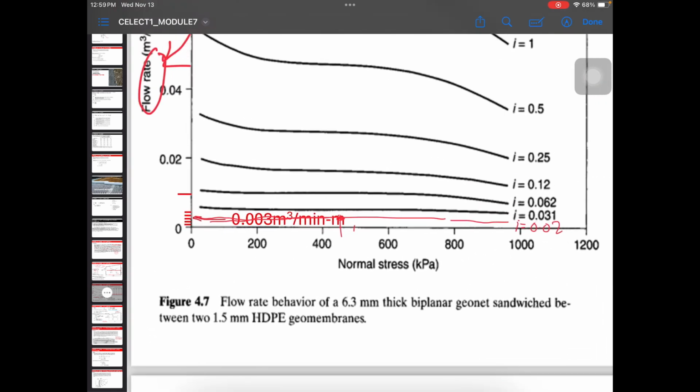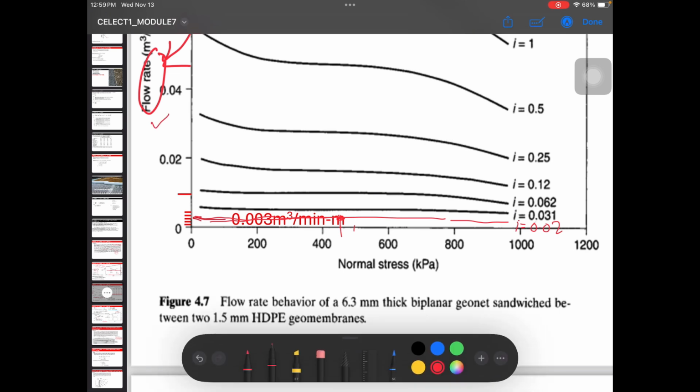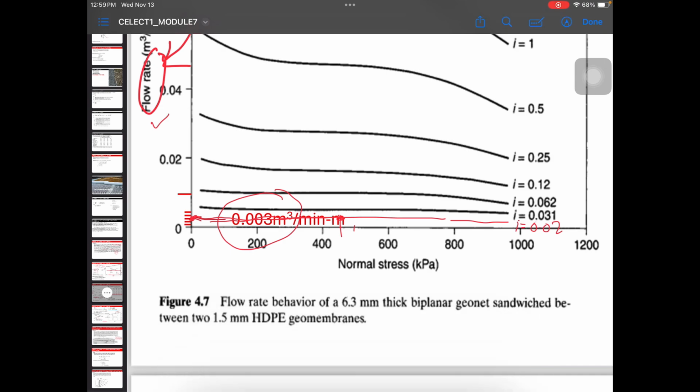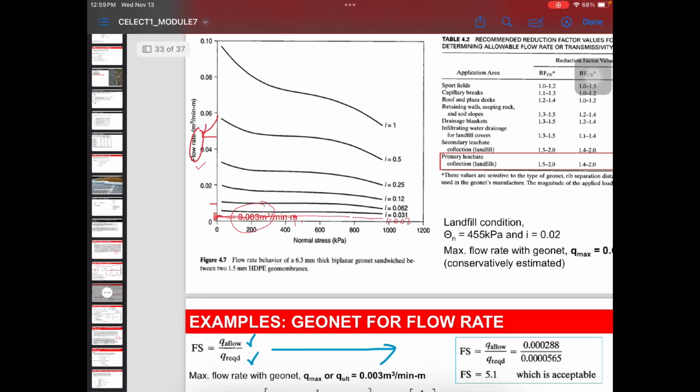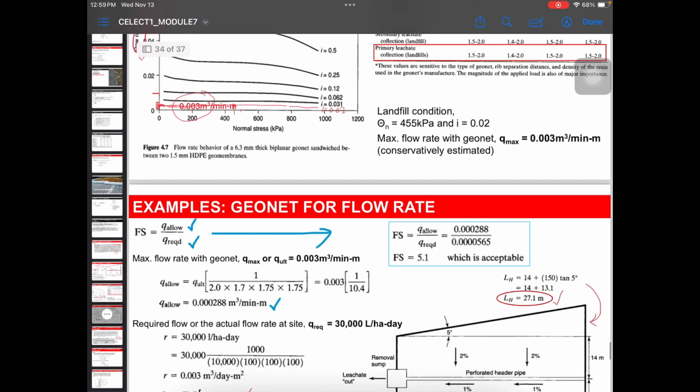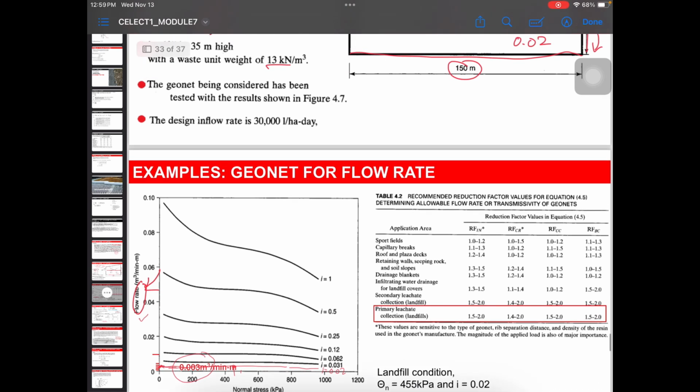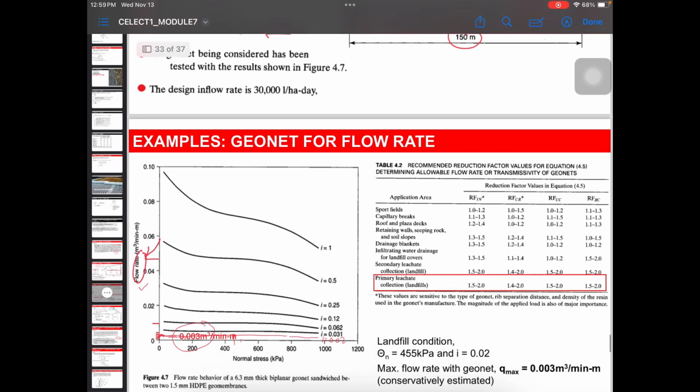So, paano ka magiging conservative? At least kunin mo yung minimum niya. Kasi capacity ito eh. So, kapag minimum ang kukunin mo, conservative ka. So, yung flow rate dito, estimated to be 0.003 cubic meter per minute per linear meter. So, yun yung Q ultimate natin, no?